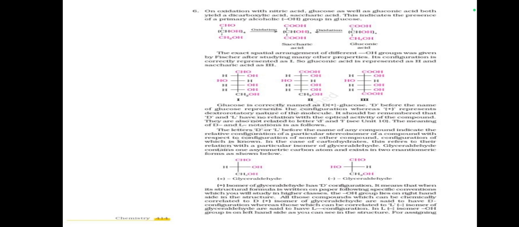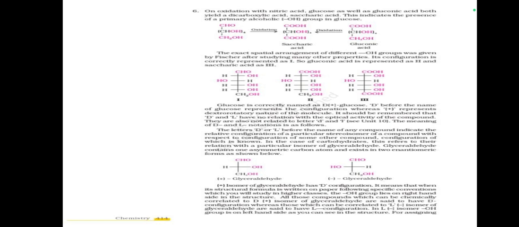The exact spatial arrangement of the different OH groups was given by Fischer after studying many other properties. Its configuration is correctly represented as 1. Gluconic acid is represented as 2, and saccharic acid as 3.